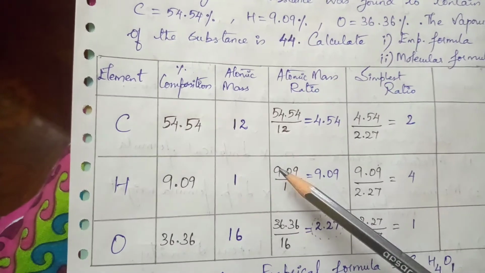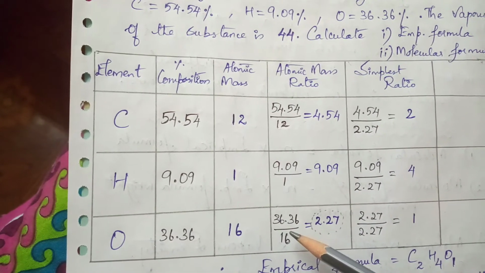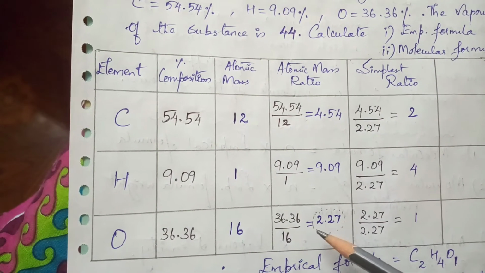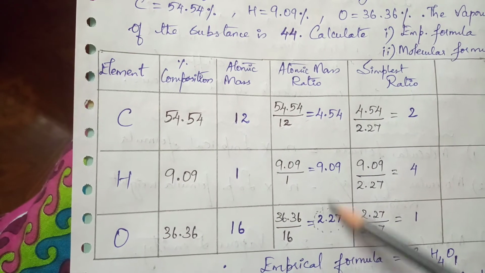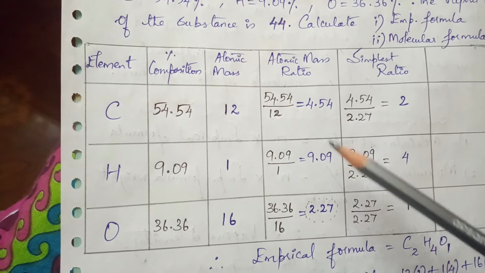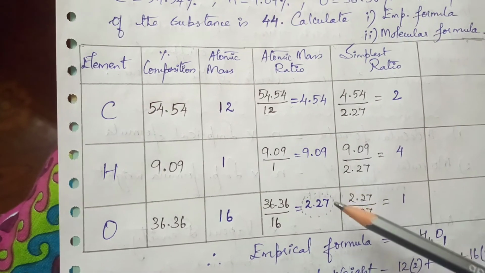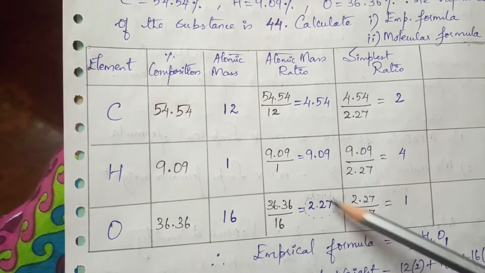Hydrogen is 9.09 by 1, which gives the same number, 9.09. For oxygen, 36.36 by 16 gives 2.27. On simplification, we get 3 different answers. In the next step, we need to find the least value among these 3. The least value is 2.27.